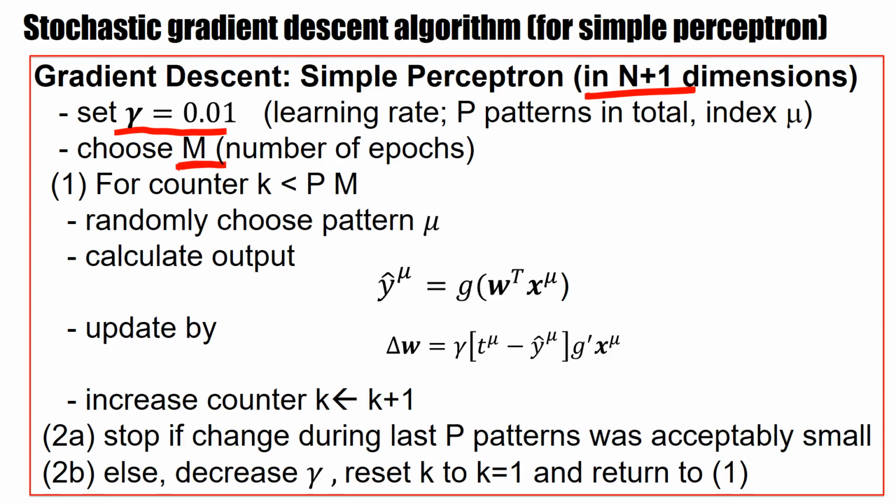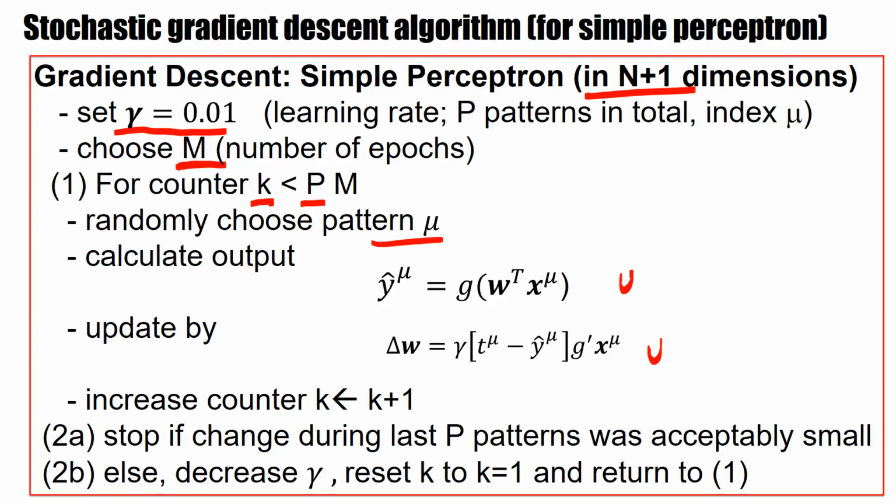In contrast to the perceptron algorithm, there's no guarantee that it stops after a finite time, even for linearly separable problems. And so you have a counter p times m. You choose a pattern mu, a randomly chosen pattern. You calculate the output. Then you update with this formula that we just derived.